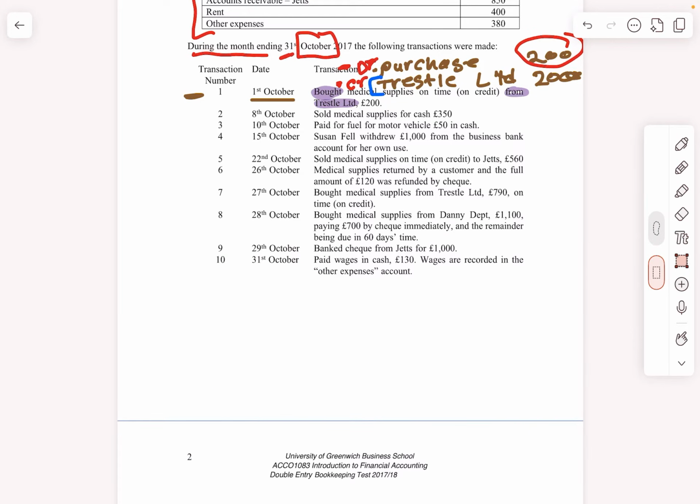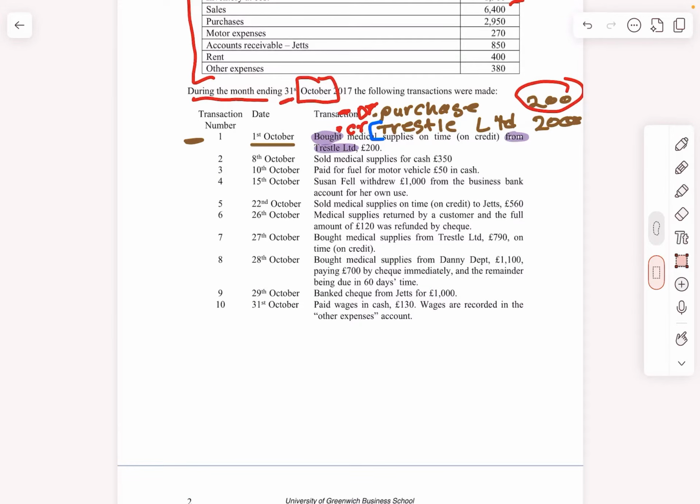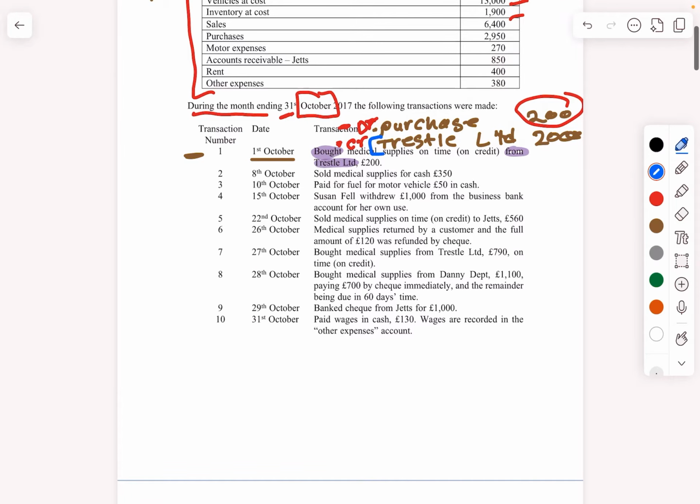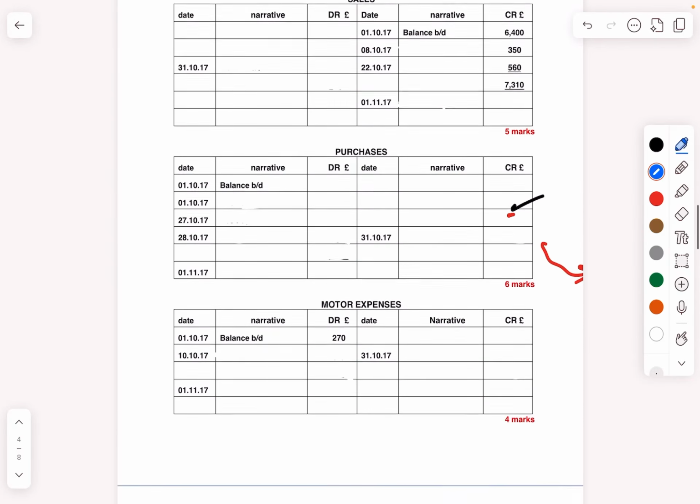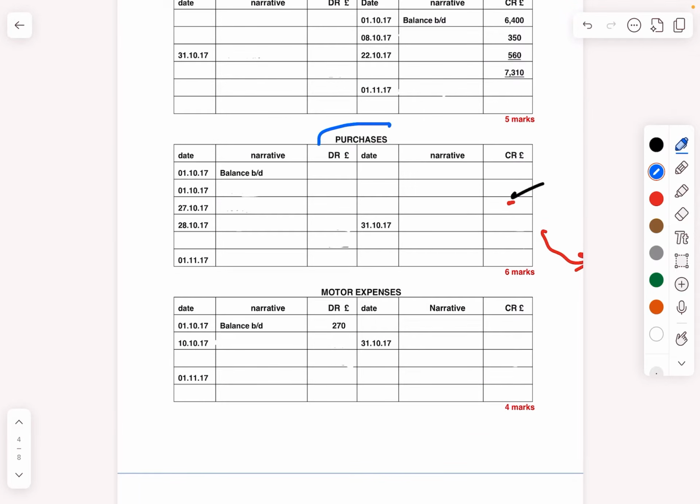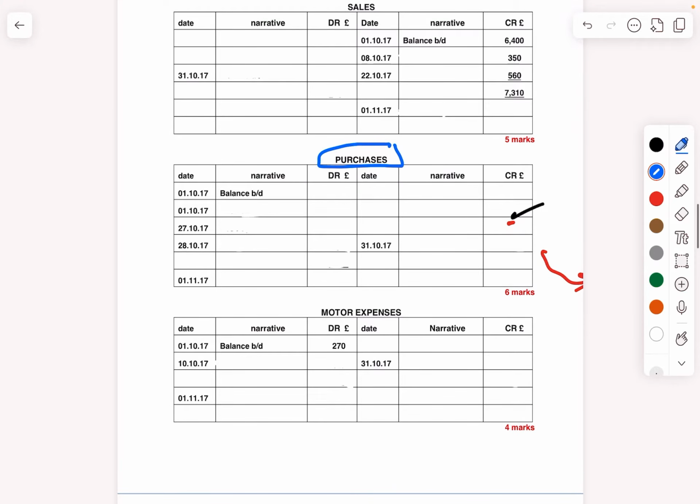I know it's a bit confusing, but when we do it multiple times, you're gonna understand. Okay, so under the purchase will be 200. So we're gonna go to the purchase account. This is the purchase account, and we will debit 200 under the name of Treasure.